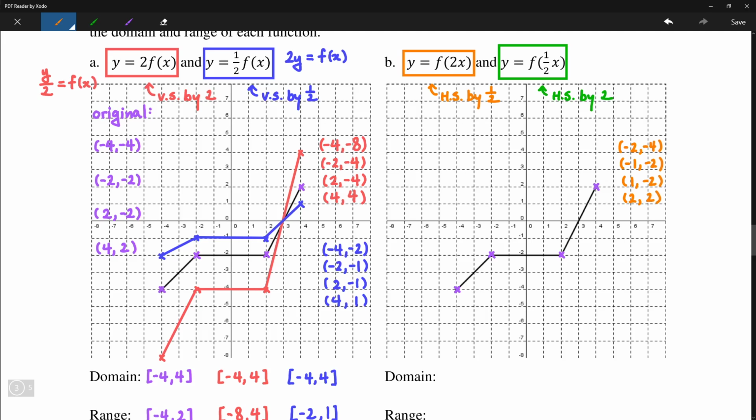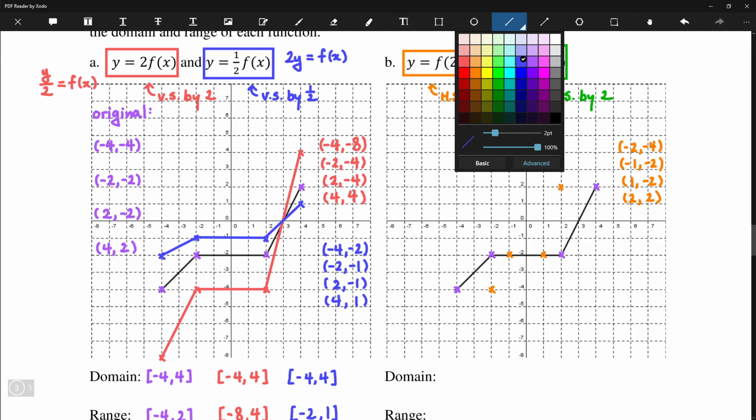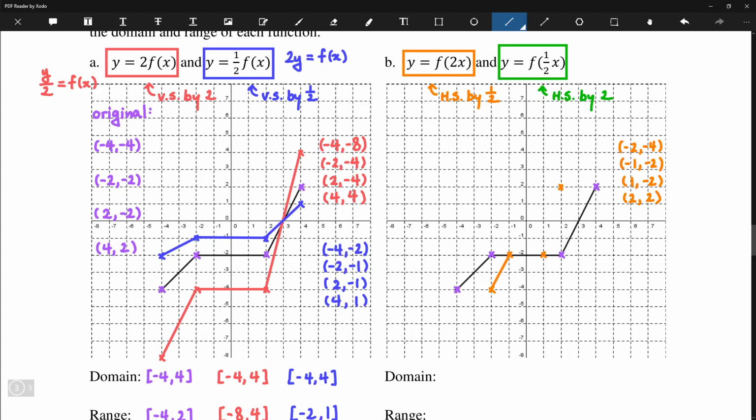Okay, let's go ahead and plot those 4 points. So -2, -4, -1, -2, 1, -2, and finally 2, 2. Yep. So the same graph, but made narrower, which makes sense.